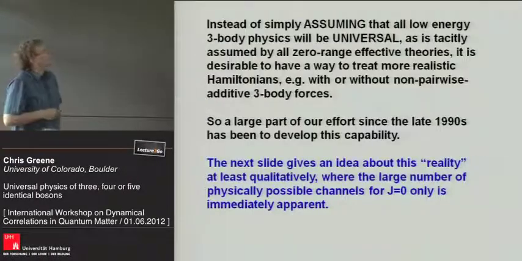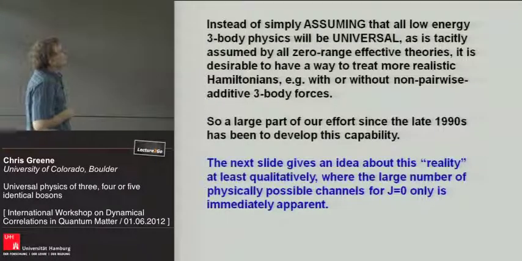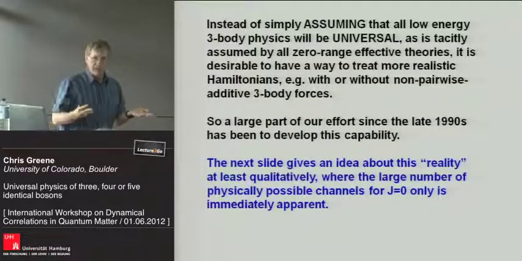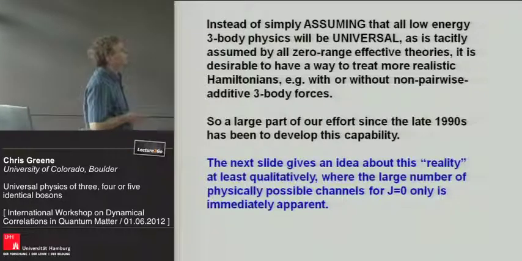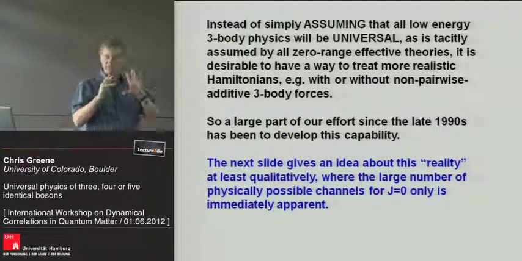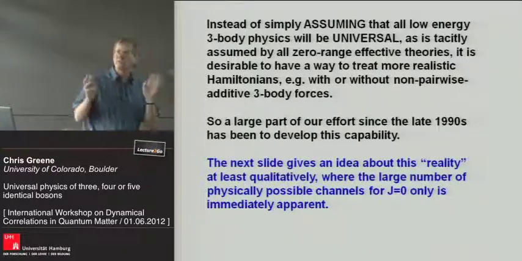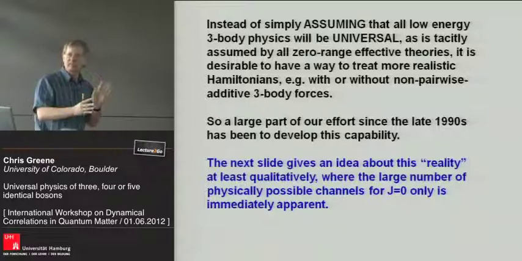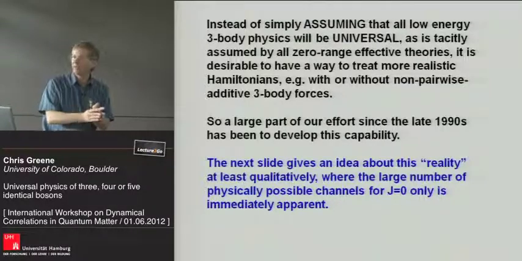Okay. So what we've been really developing, even dating back to my early work with Brett Esry and Jim Burke in the late 1990s, is trying to deal with these kinds of problems and not make these simplifying assumptions of exactly zero range.